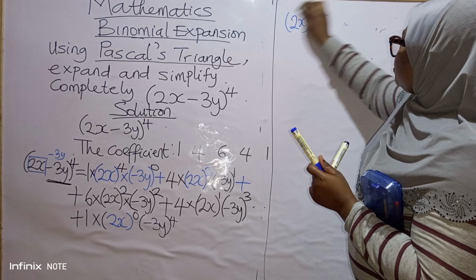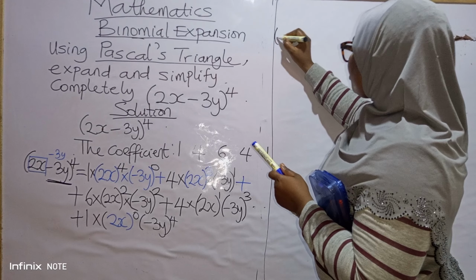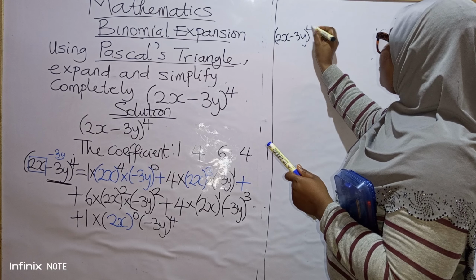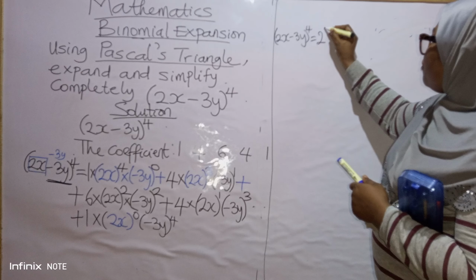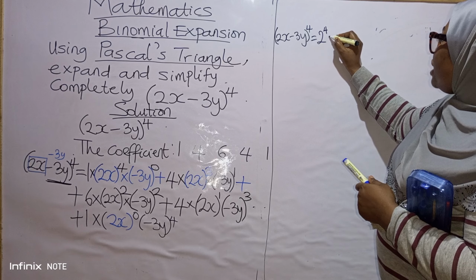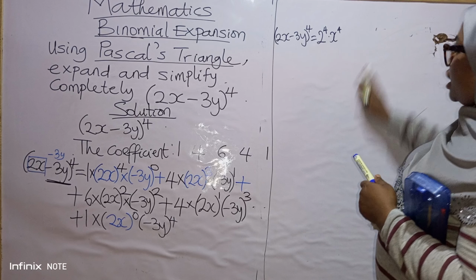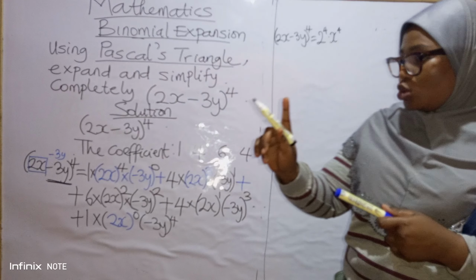So from here now, I can say that (2x - 3y)^4 will be equal to 2 raised to power 4 multiplied by x raised to power 4. Then the whole of minus 3y, everything raised to power 0, is 1 already.